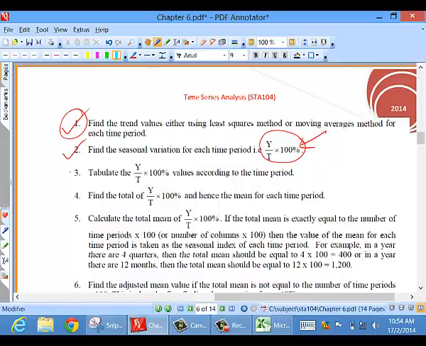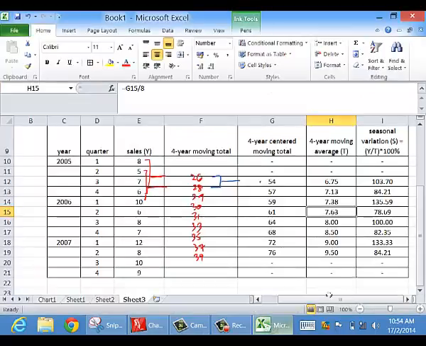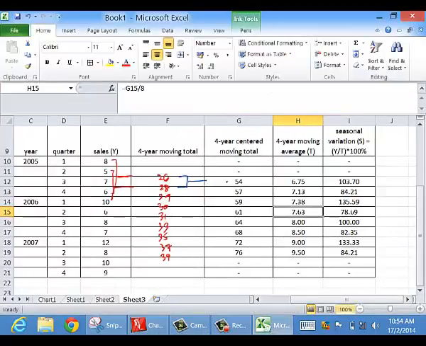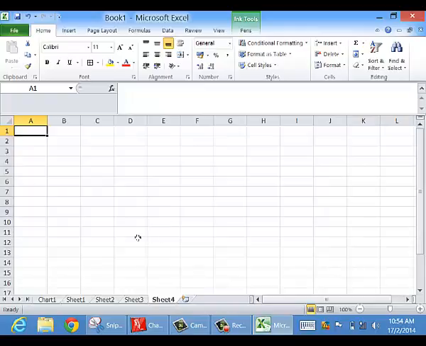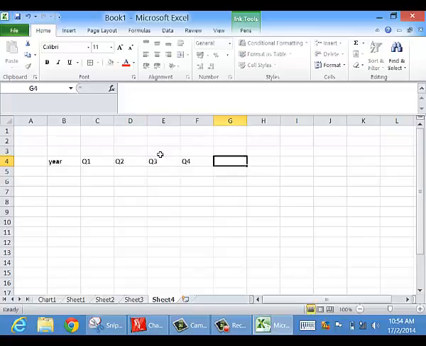Now the third step, tabulate the seasonal variation according to the time period. So you need to create a new table. Let me create a new table. The columns are quarter number 1, quarter number 2, quarter number 3, quarter number 4, and the rows are the years 2005, 2006, 2007.